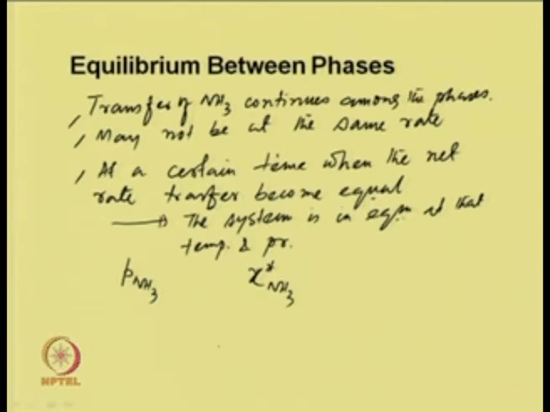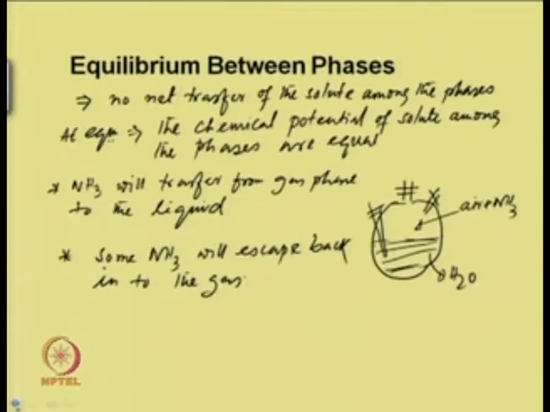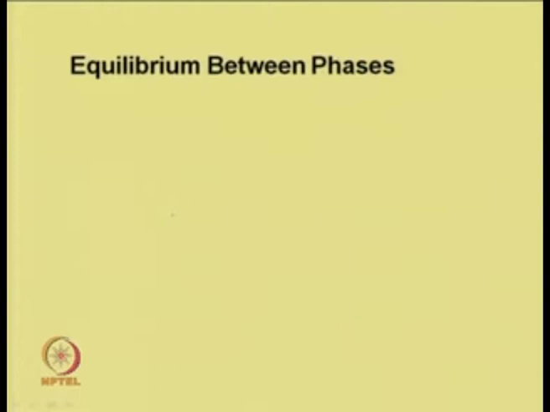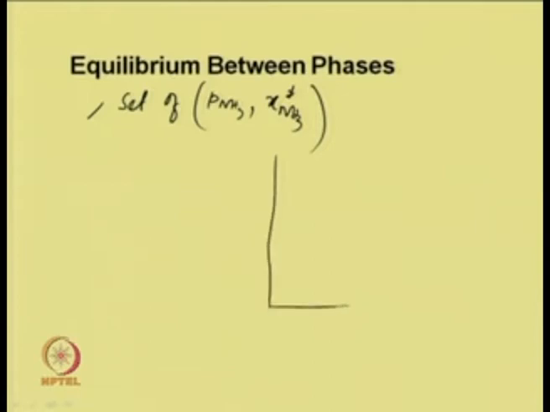Now, if we inject some more ammonia into the system, keeping temperature and pressure constant, it will reach another equilibrium concentration. Again, we will obtain a set of P NH3 and x NH3 star, and if we plot them, it is known as the equilibrium curve at that temperature and pressure.